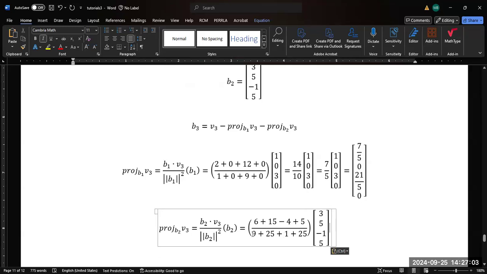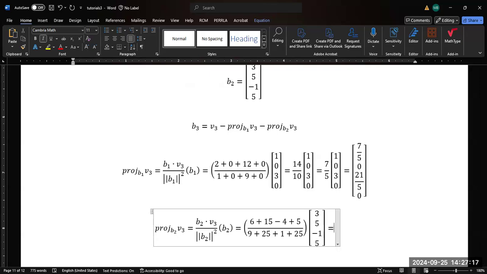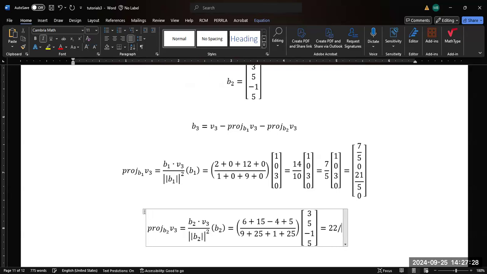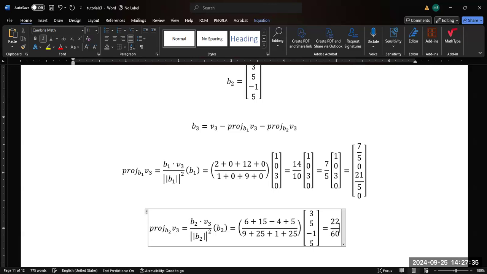So we would have had 3 over 5 squared and 1 squared, and then 1 over 5, negative 1 over 5 squared. It would not have been any better. So yes, we have some large numbers here, but at least they're not fractions. So 6 plus 15 minus 4 plus 5 is going to be 22. And our denominator, 9 plus 25 plus 1 plus 25, is 60.